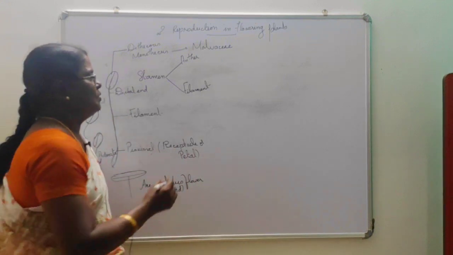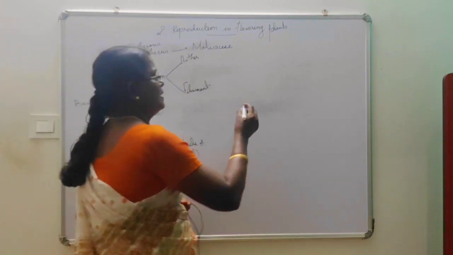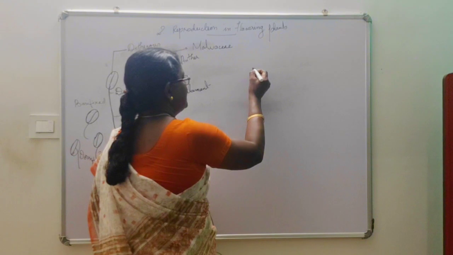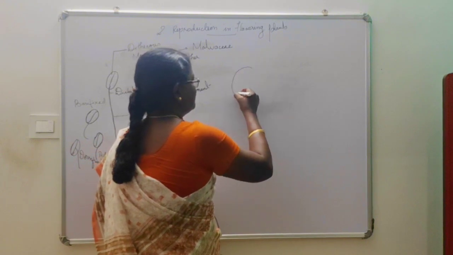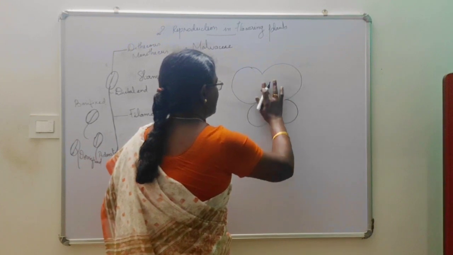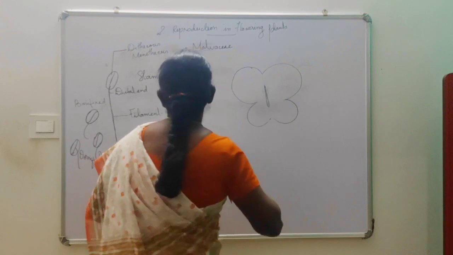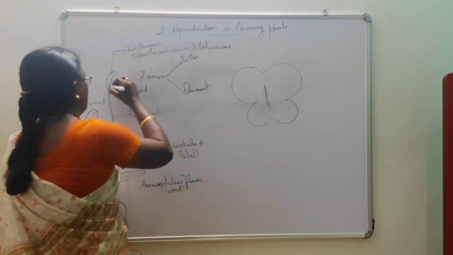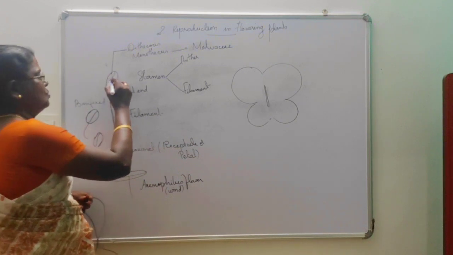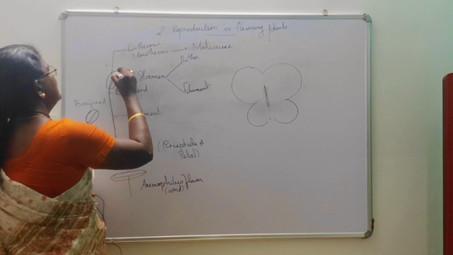Now take the cross section of an anther. When we take the cross section of an anther, you can see a structure like this. At the center you can see the structure called the connective. The anther is divided into two lobes at the center by a groove.